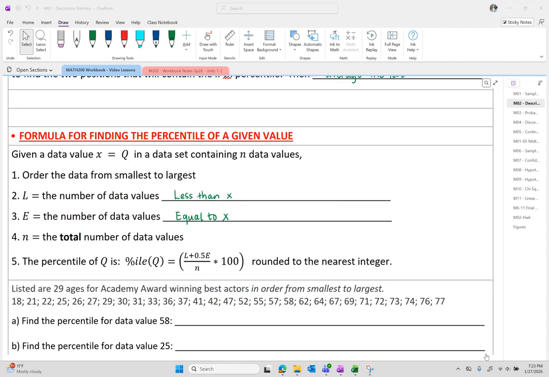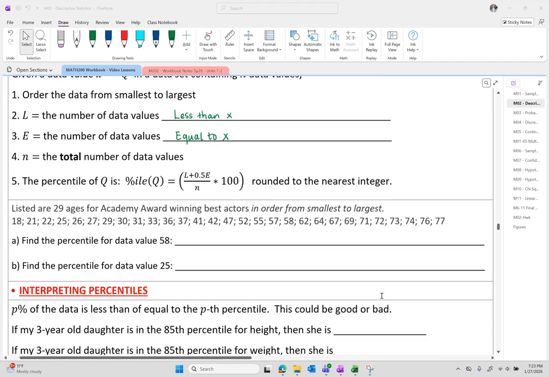So if you can find the number of data values less than x, L, and the number of data values equal to x, E, and n is the total number of data values, then the percentile of the value x equals L plus 1/2 of E, divided by n, times 100, rounded to the nearest integer. And we will do an example here.